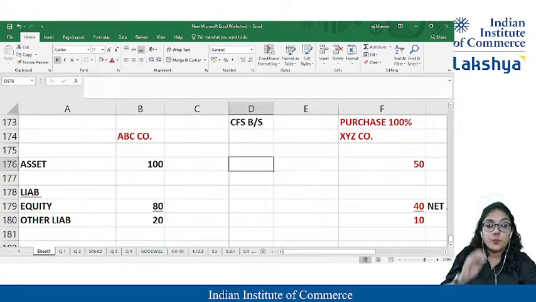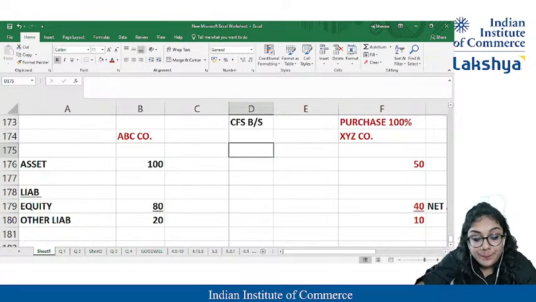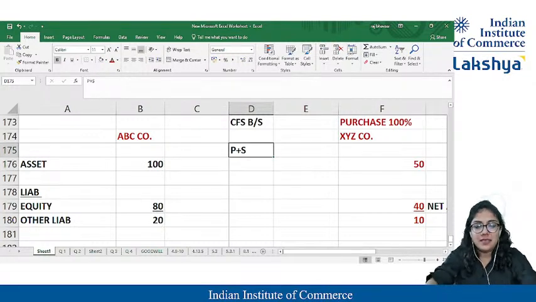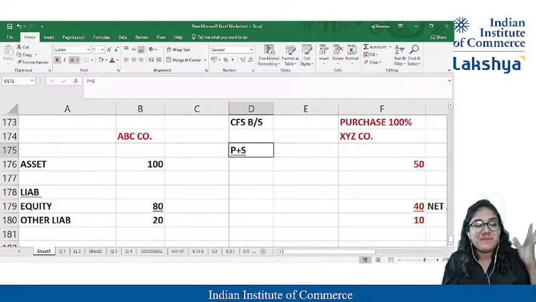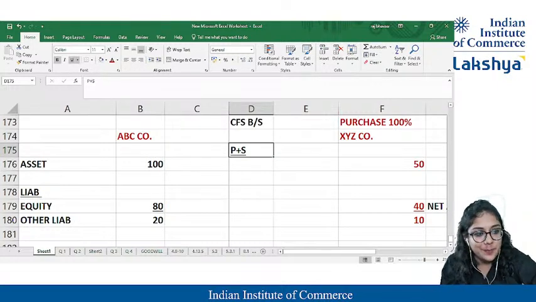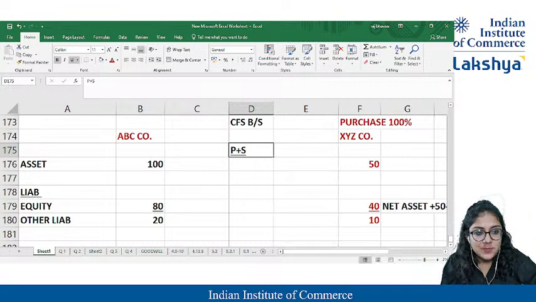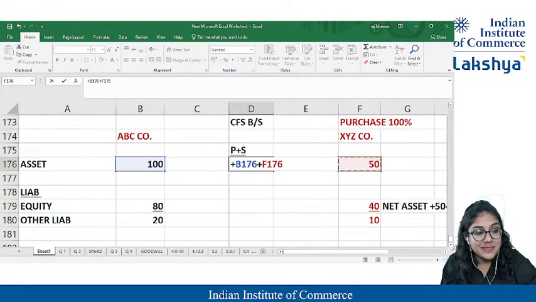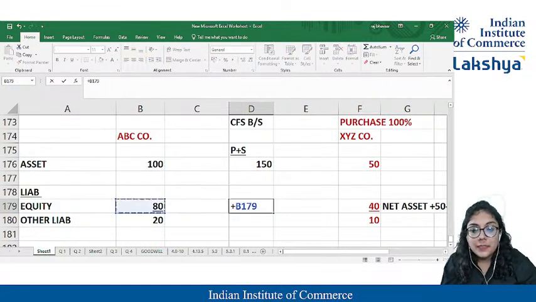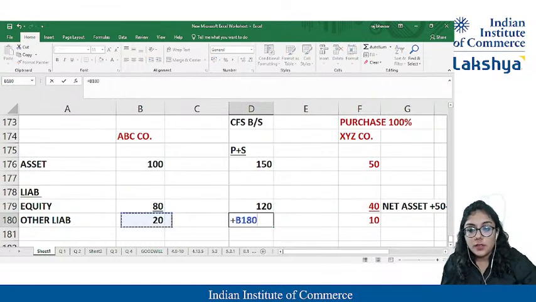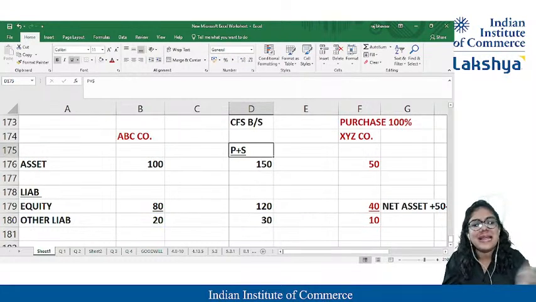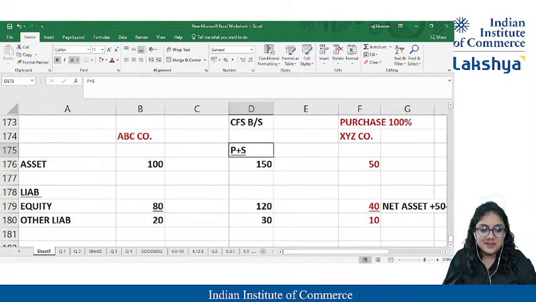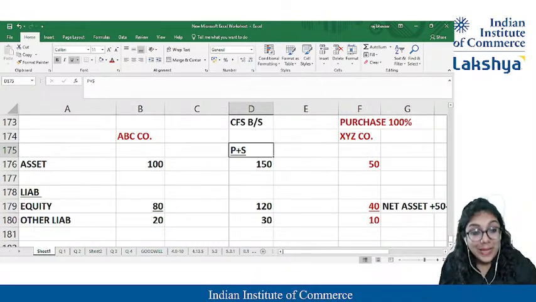Obviously we do P plus S, parent plus subsidiary attached. My total assets are 100 plus 50. Equity is 80 plus 40. Liabilities are 20 plus 10. If you take the total, 150 and 150, it tallies. Such a simple thing.